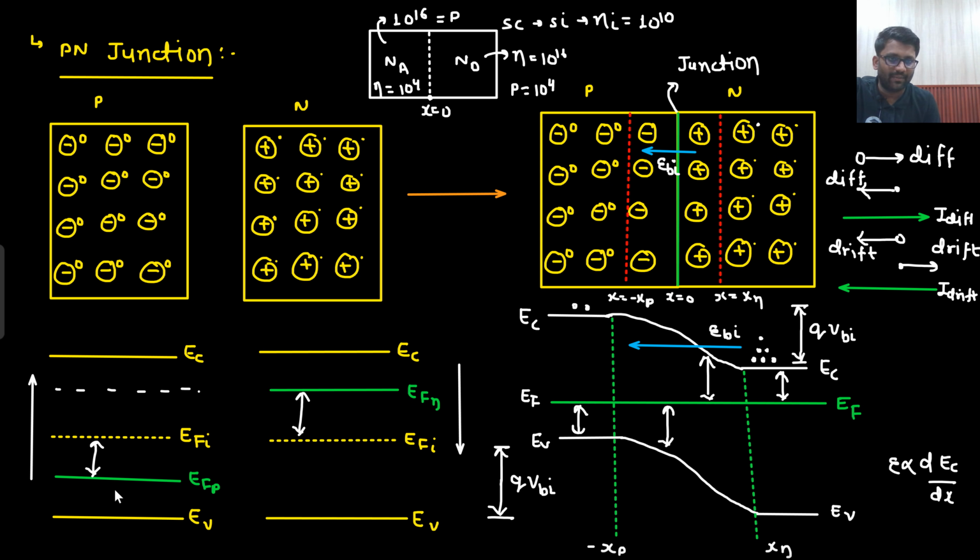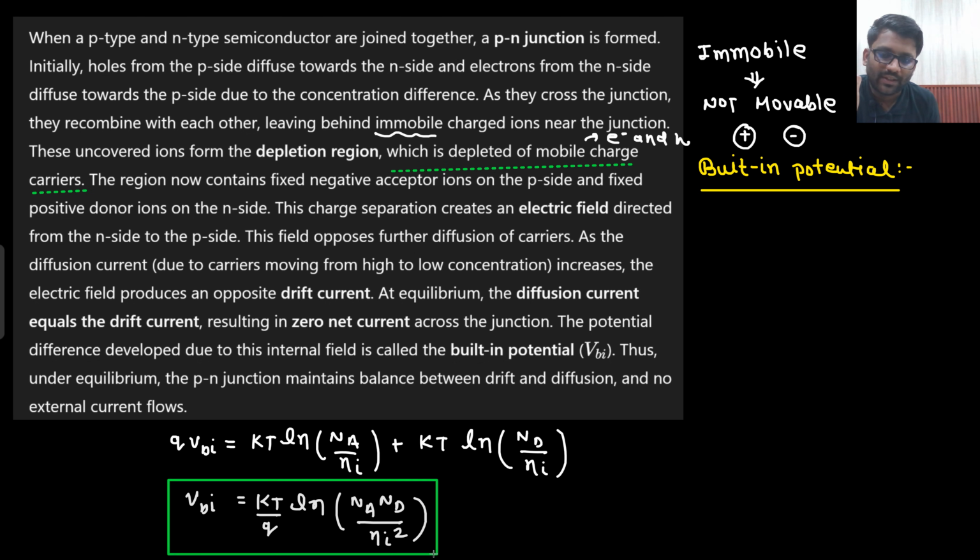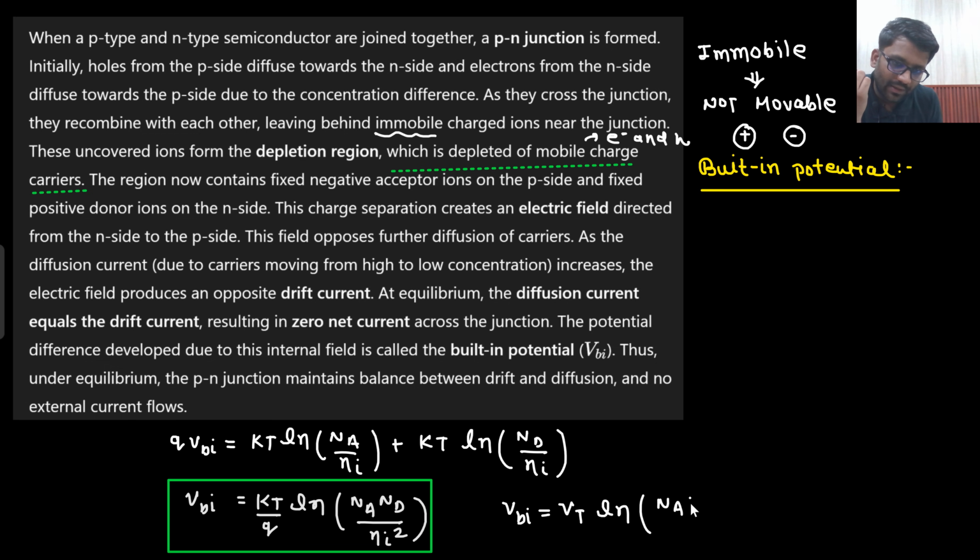So kT ln Na by Ni plus kT ln Nd by Ni gives kT ln Na Nd by Ni square, divided by q. So this is the formula you get, or what you can remember: VBI is Vt ln Na Nd by Ni square.